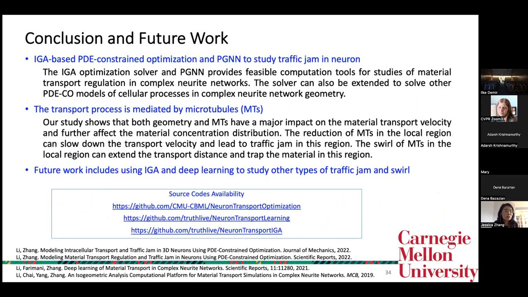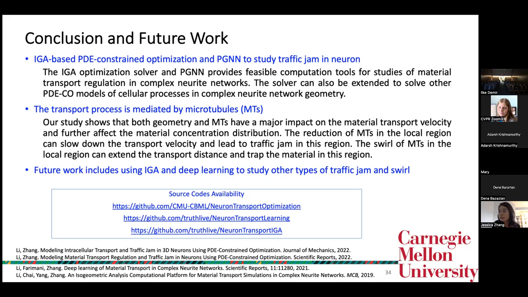So in conclusion, we built this IGA-based PDE-constrained optimization, and also we used a physics-informed graph neural network to give the quick prediction together with our IGA solver. And we observed that both geometry or morphology of the neuron and microtubules are very important to influence the material transport.